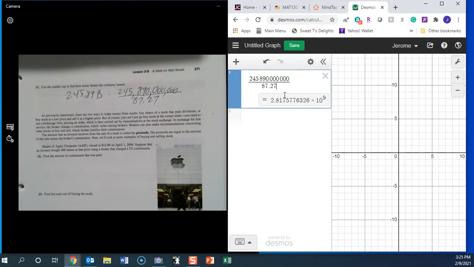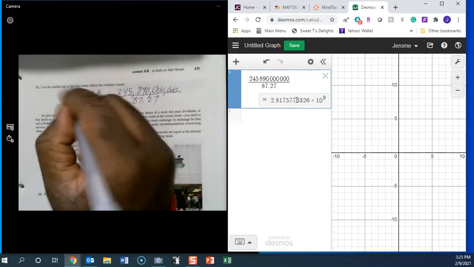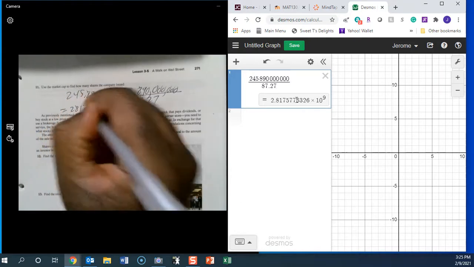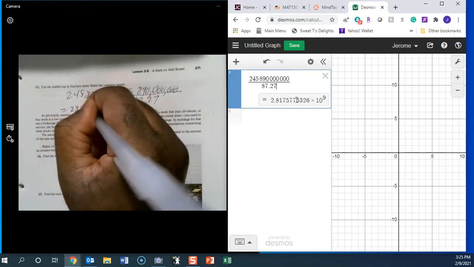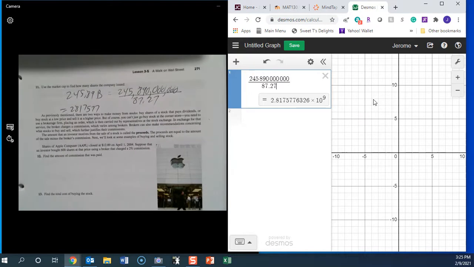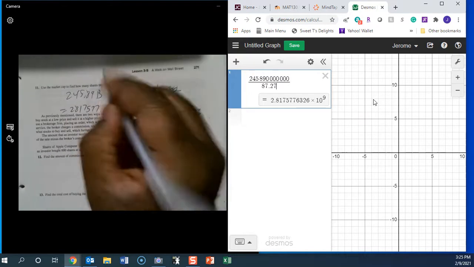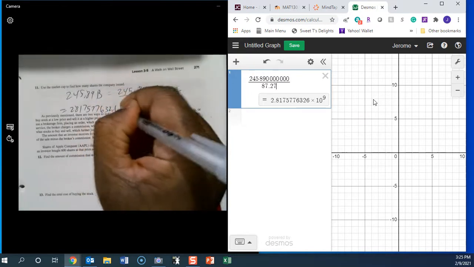We divided by 87.27, but it has this long decimal times 10 to the 9th power. All this means is we move that decimal 9 places to the right, and that will be our answer. So we will move it 9 places to the right. So 817 is 3, 577 would be 6, and then 632. And then 0.6.